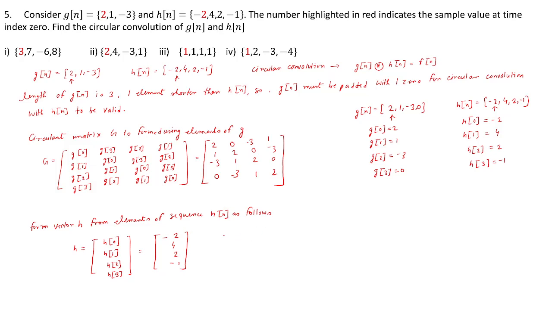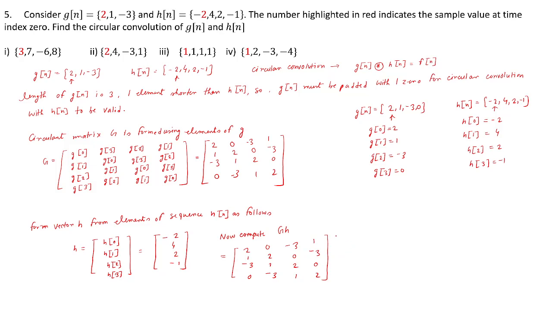Now we need to compute GH, which you compute as follows. First write down the G: 2 1 minus 3 0, 0 2 1 minus 3, minus 3 0 2 1, 1 minus 3 0 2.